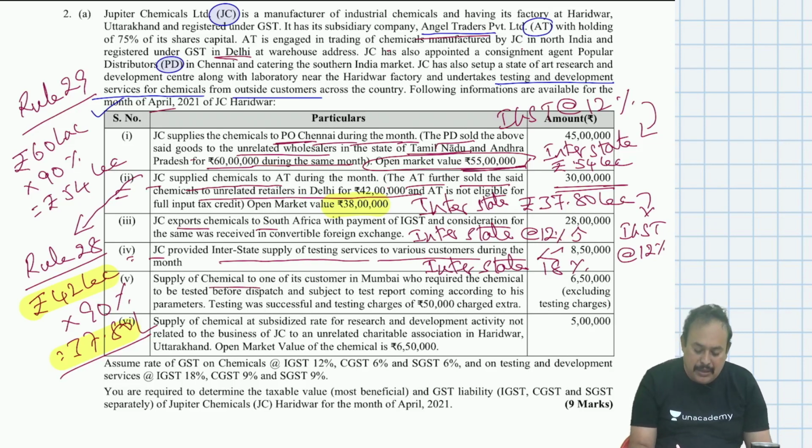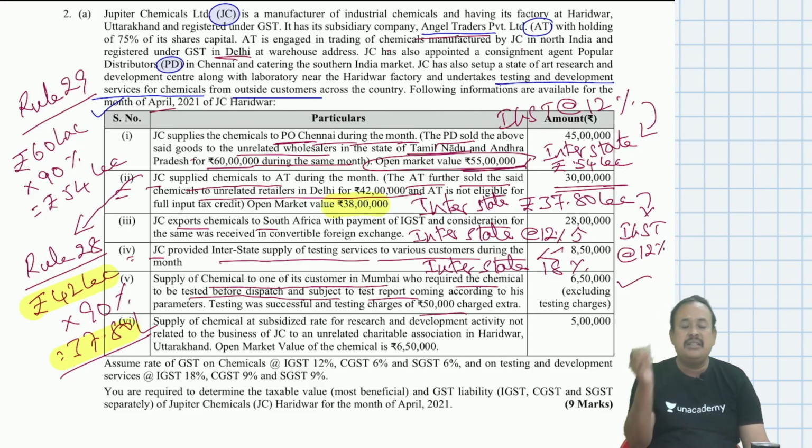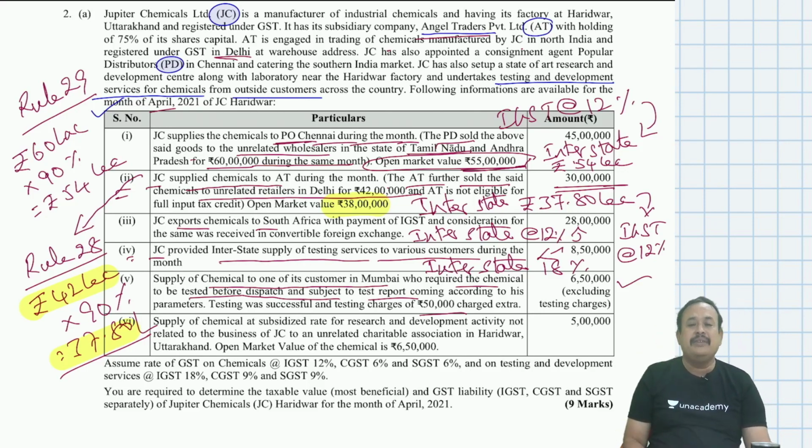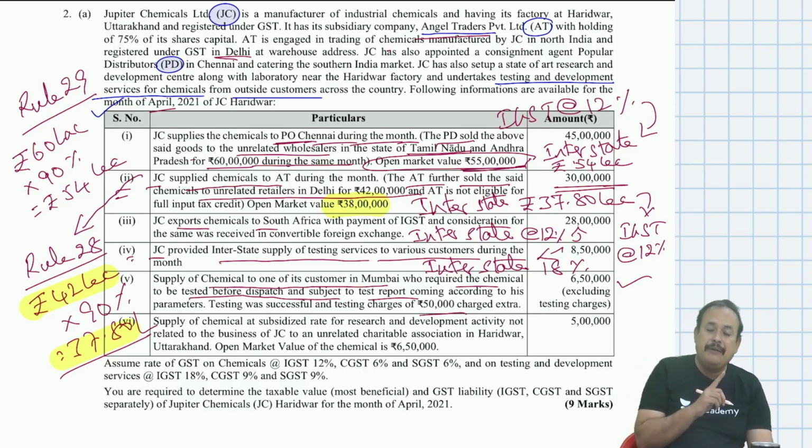Further, supply of chemical to one of its customers in Mumbai who required the chemical to be tested before dispatch of the goods, subject to the test report coming according to his parameters. Testing was successful and testing charges were rupees 50,000, which is extra. 6,50,000 is the supply of chemicals, testing rupees 50,000. Testing is mandatory along with the supply of goods. So supply of goods 6,50,000, supply of services 50,000.